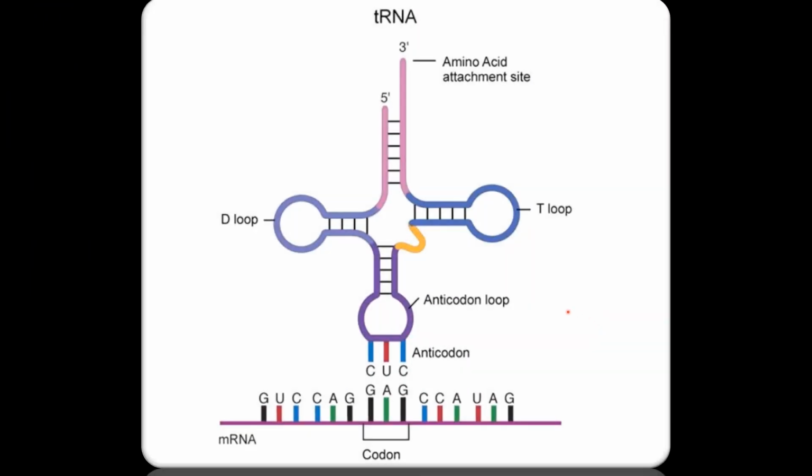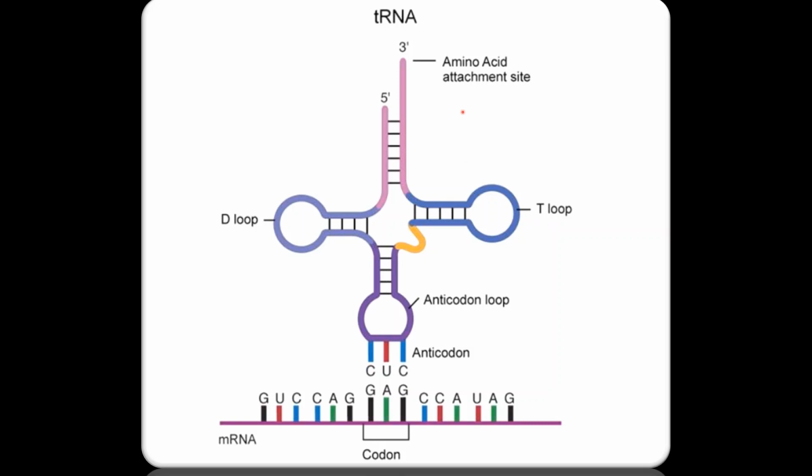Students, this is the structure of tRNA. Now if you look at the structure carefully, on the left side it has D loop, on the right side it has T loop. On one side towards 3' end, it is attached to amino acid.